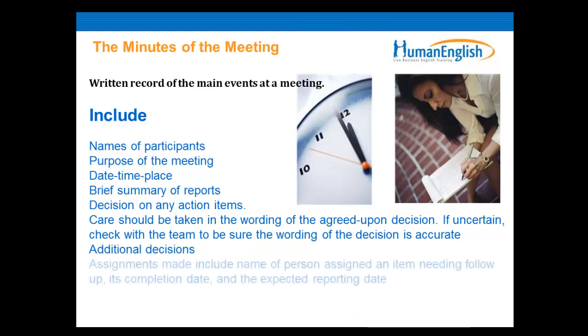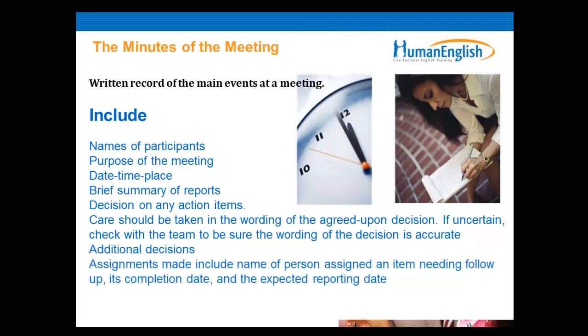Additional decisions and assignments should include the name of the person assigned an item needing follow-up, its completion date, and the expected reporting date. The time the meeting is concluded, and the date of the next meeting if known. So it's quite formal, and it's always a written record of what happened.